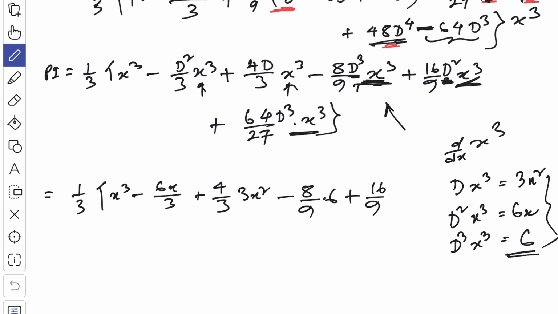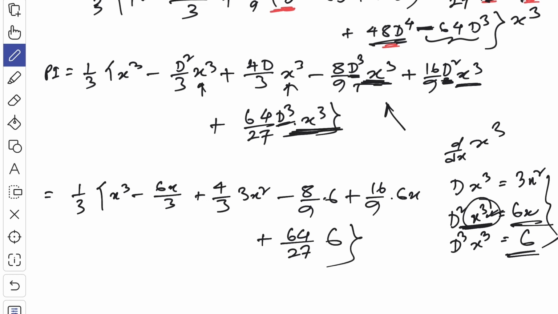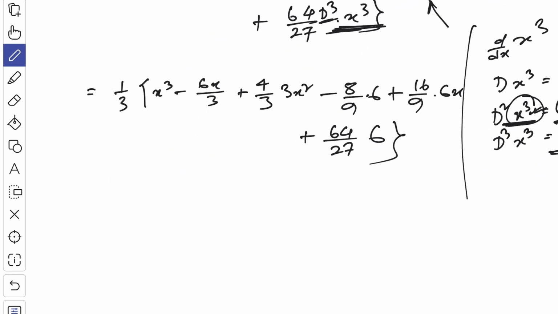Here d square is there, so we are going to differentiate this twice. If you differentiate x cube twice, then you will get 6x. So here we will get 6x. So then 64 by 27, and differentiate x cube 3 times, then you will get only 6. So that's what we have got, pi.